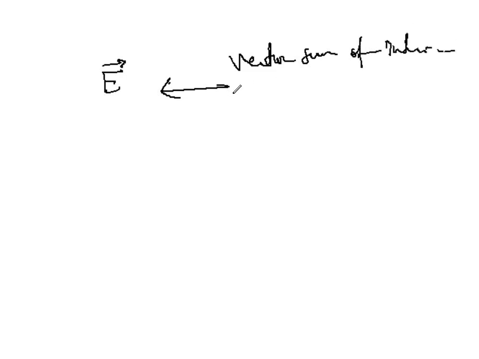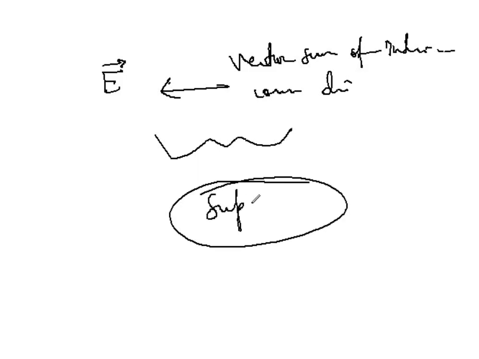So what we can say is that the resultant electric field intensity at a point where two or more light waves overlap will be basically equal to the vector sum of the individual constituent disturbances, and this is due to this superposition principle.